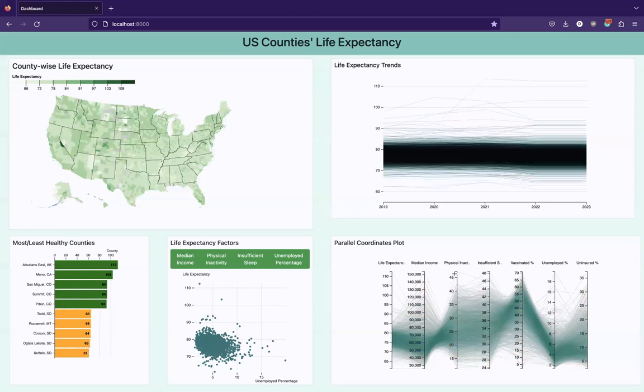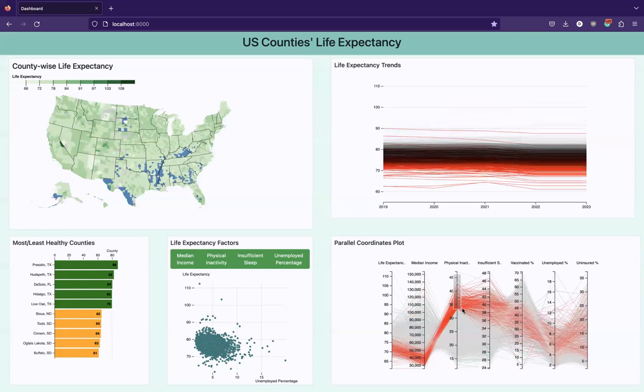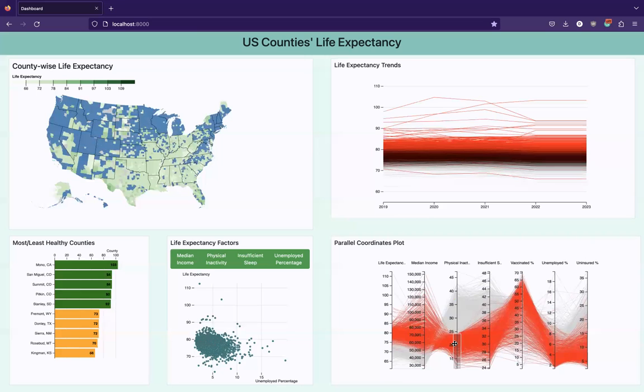Again, if we select counties with a higher sedentary lifestyle, we see that they have a lower life expectancy, and also their median income is less, which is something that we observed when we were exploring the data set. And similarly, when they are more physically active, they have a higher life expectancy, and for some reason they also have a higher median income over here.